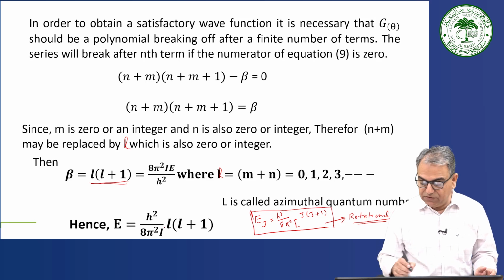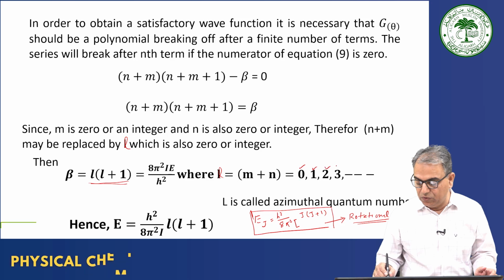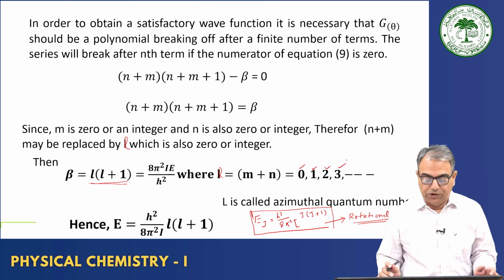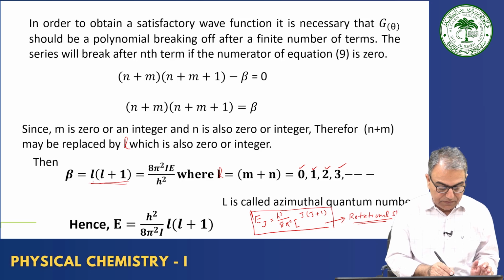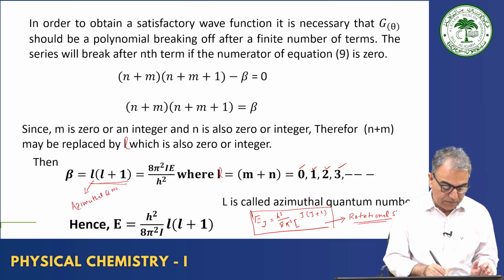So here also L is m plus n, and this could be 0, 1, 2, and 3. And this L is actually another quantum number, the azimuthal quantum number.